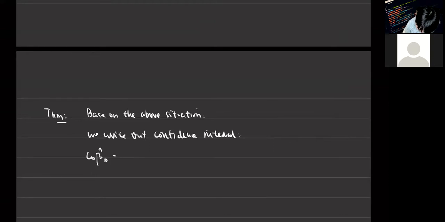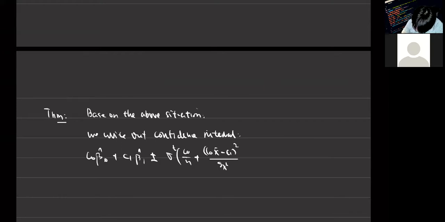That's beta 1 hat plus minus sigma hat, and that's for t, C0 over n, plus C0 x bar, minus C1 square over S of x squared, to the power of 1/2.